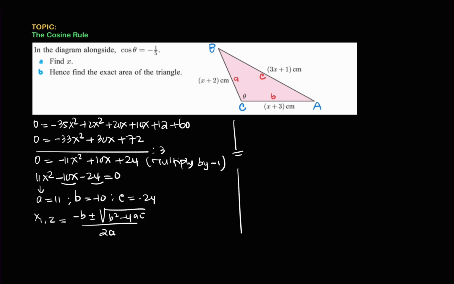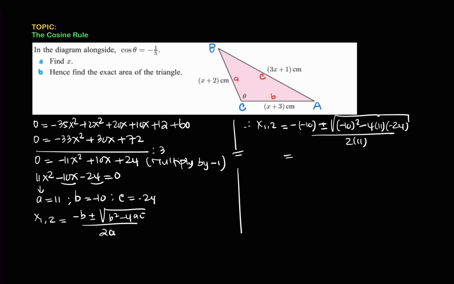Then we find that x1,2 equals (10 plus or minus the square root of (-10) squared minus 4 times 11 times negative 24) over 2 times 11.